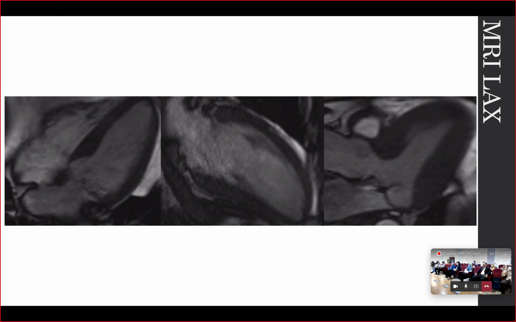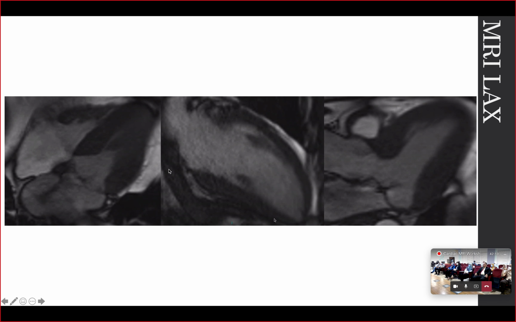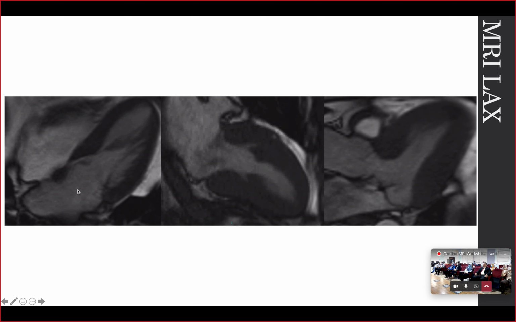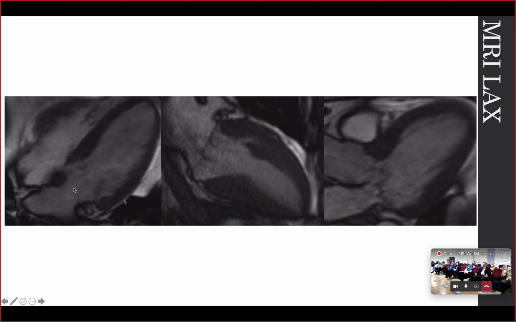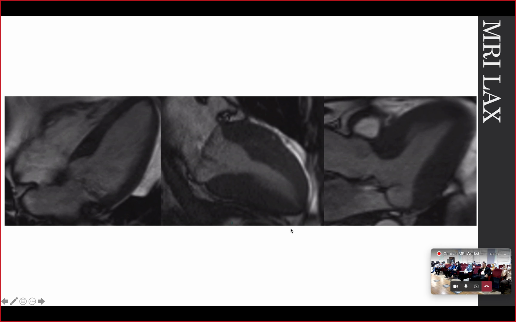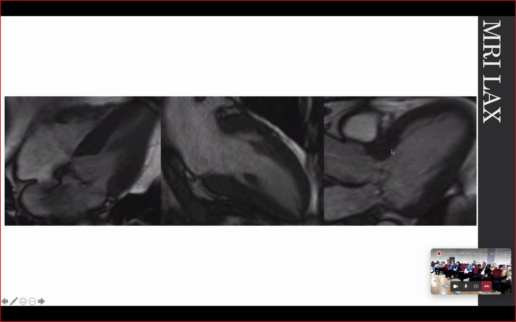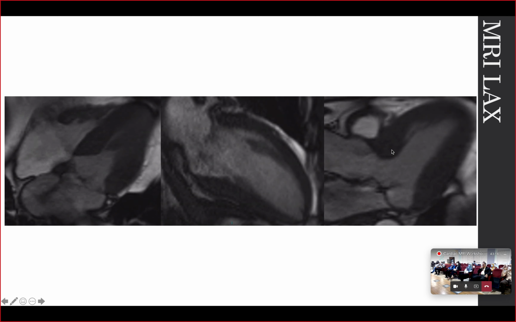And the long axis views, so we have the 3-chamber view, 2-chamber view, 4-chamber view. Here's the regurgitation jet that we saw on Doppler in the echo. But again, the function was okay. The function is preserved. Focal hypertrophy of the basal septum.